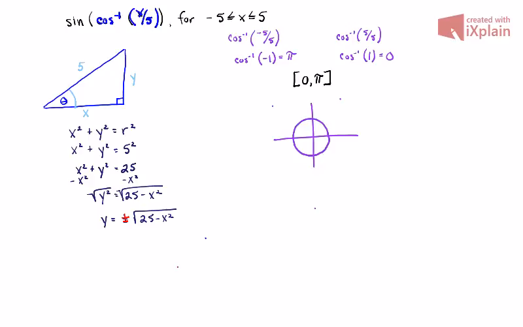We want to note our restriction. So we're working between 0 and pi. So we're just working in the first and second quadrant. What do you notice about the y values here? You should be saying, silently or out loud, that they're all positive. So that tells me that my y should be the positive root of 25 minus x squared.